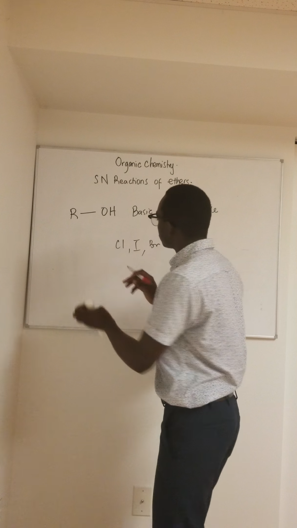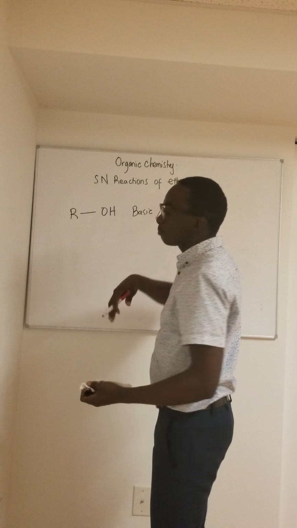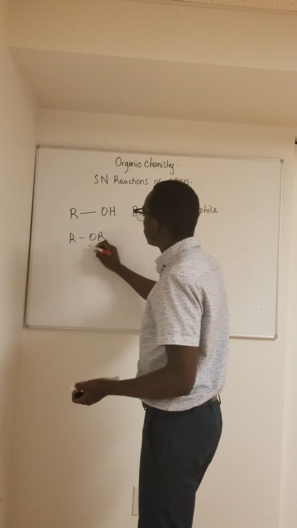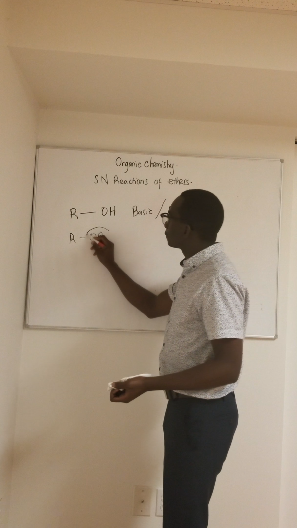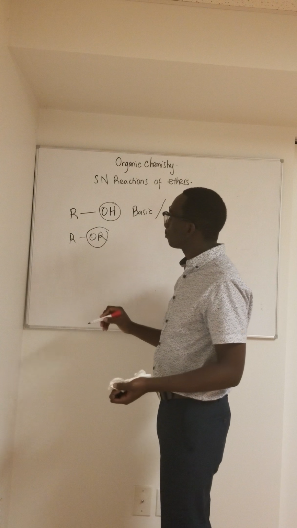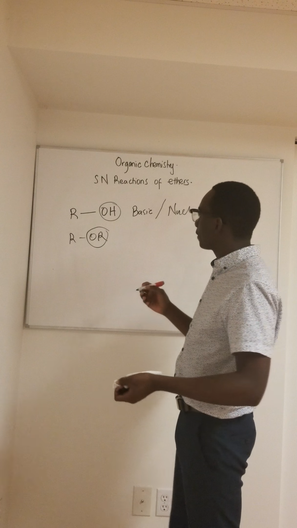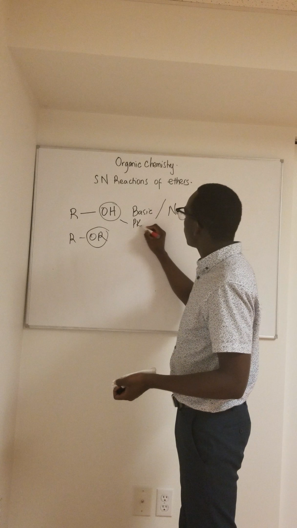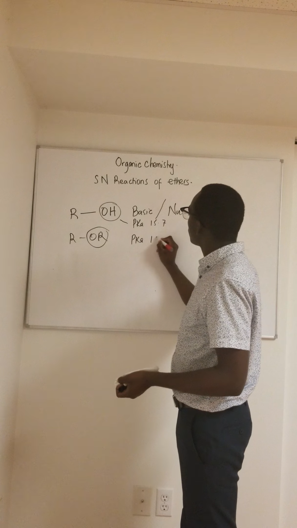So ethers also behave like alcohols. The general structure of ethers is this. So this group and this OH group have almost the same basicity. Alcohols have a pKa of about 15.7 and ethers have a pKa of about 15.5.